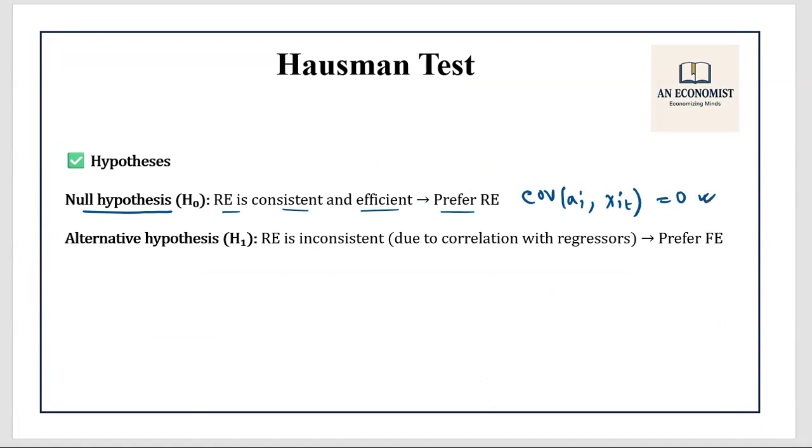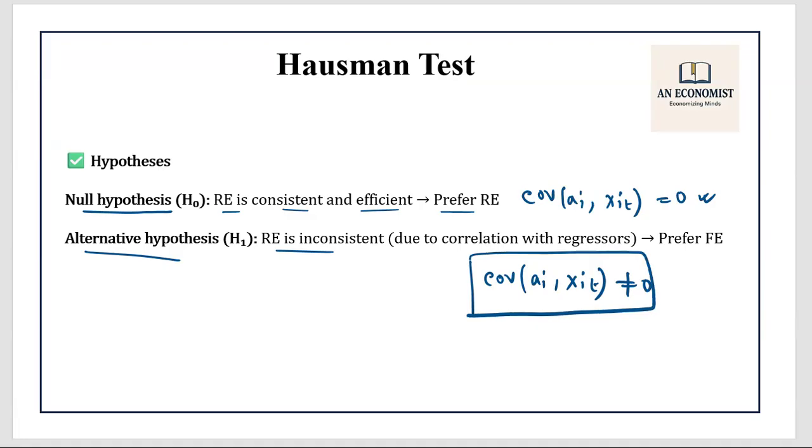In the alternative hypothesis, we assume just the opposite, that the random effect model is inconsistent due to the correlation. This correlation exists, which means that the covariance is not equal to zero, which means that we prefer the fixed effect model. So remember that in case of Hausman test, the H naught assumes that the random effect model is preferred, and the alternative hypothesis assumes that the fixed effect model is preferred.